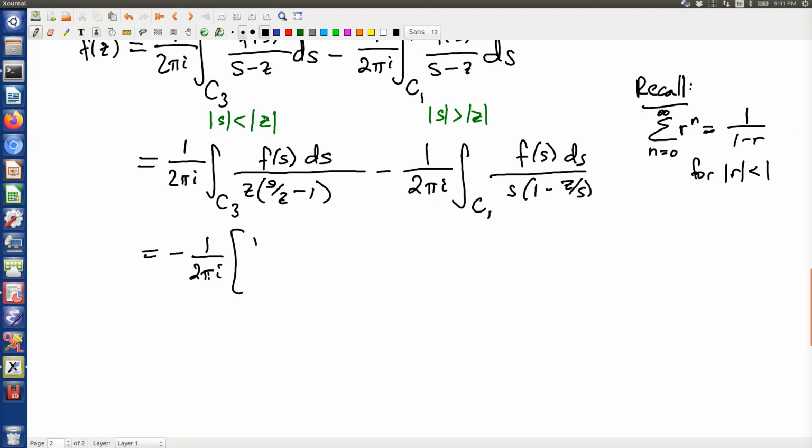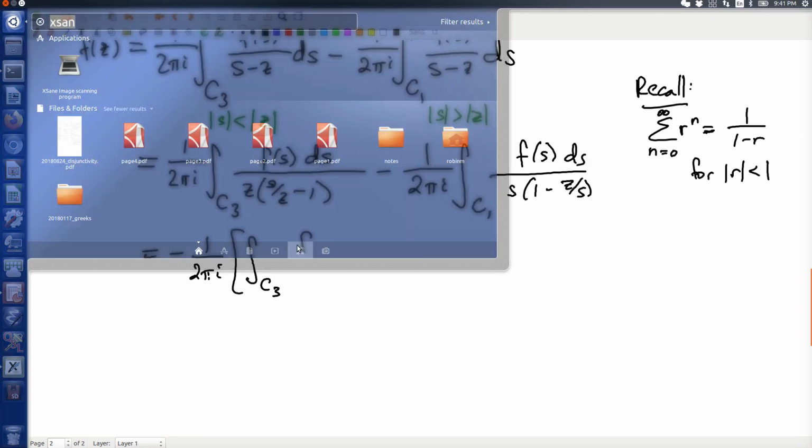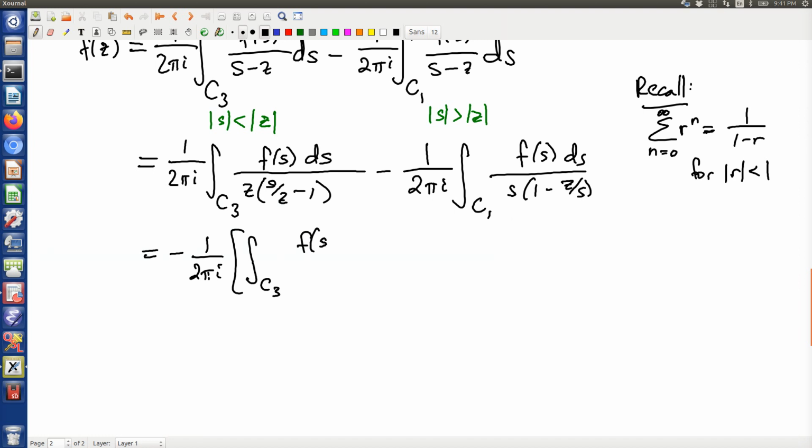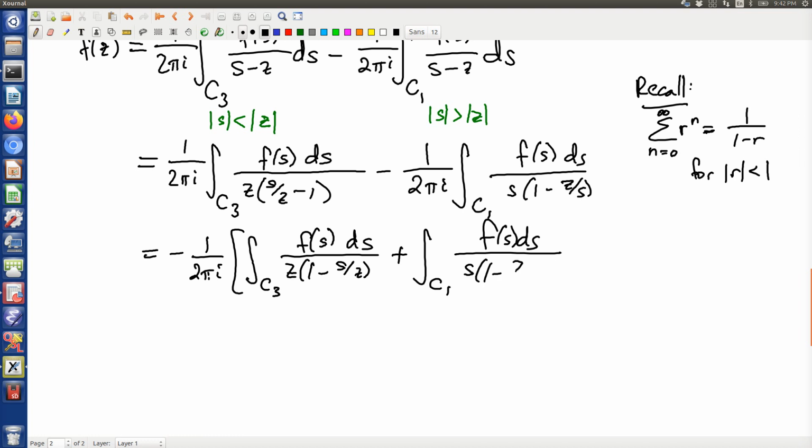And the second integral now looks about the same in terms of signs, which is largely good. Okay, now let us make use of our geometric series. The geometric series in the first case is going to be for s over z.